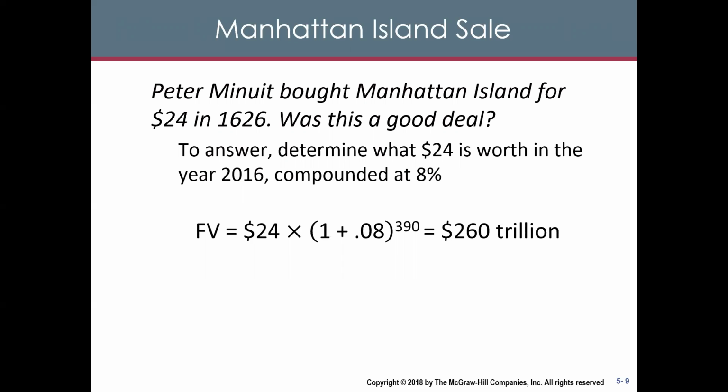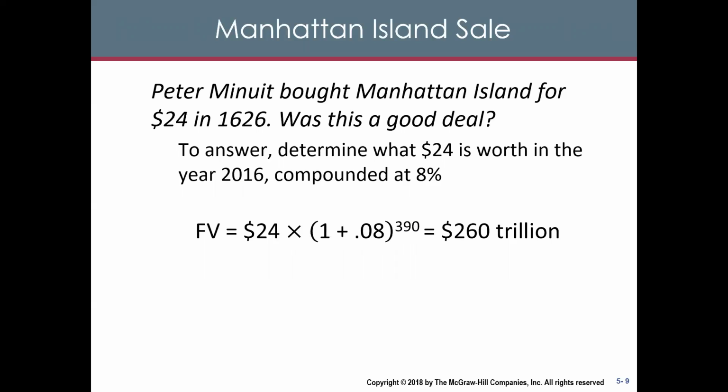Okay, so $24 sounds like a very small amount of money. However, if we compound this interest at 8% for 390 years, from 1626 to 2016, that's 390 years. And we use the same formula, the initial investment 24 times (1 plus the interest rate 8%) to the 390th. And actually that equals $260 trillion.